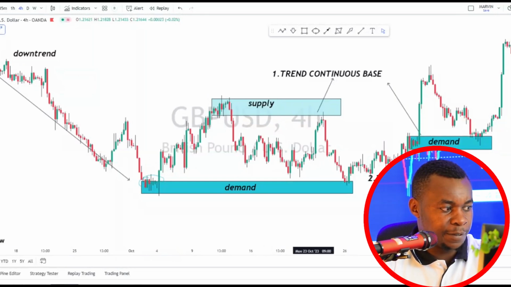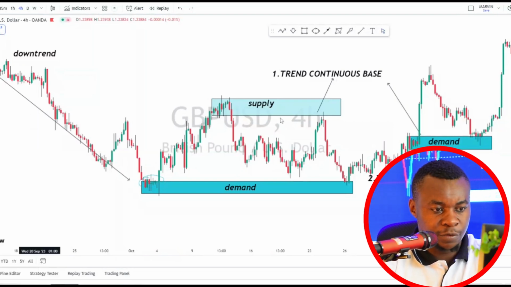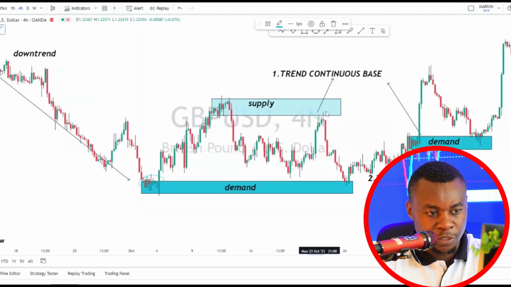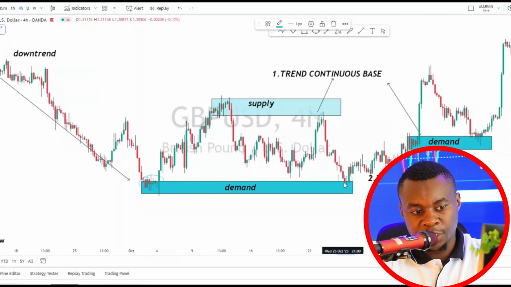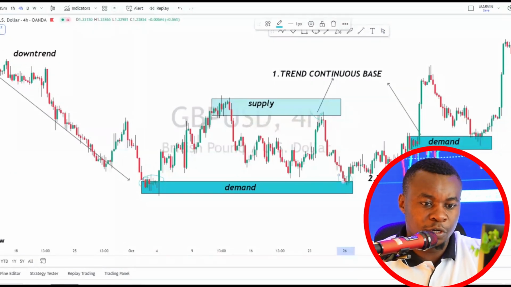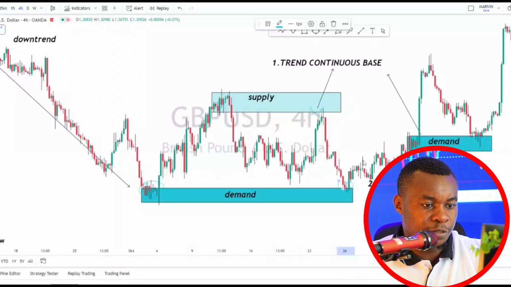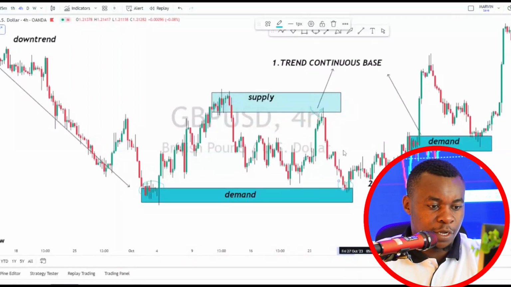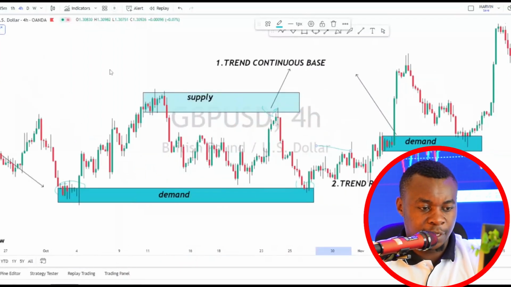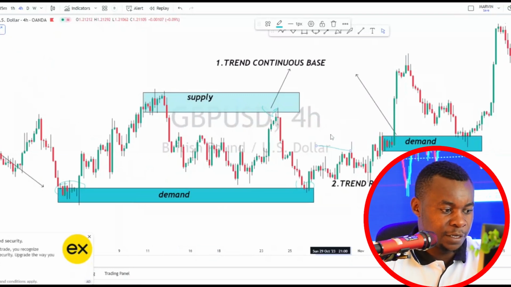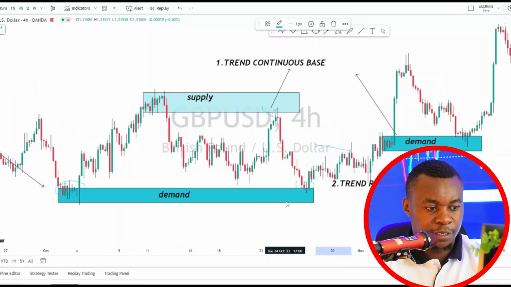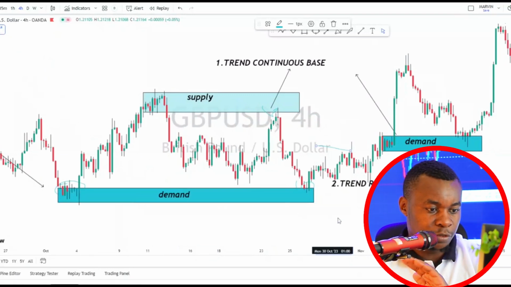Testing the supply means that this market will go up to the demand, will sell to the demand. So we had a sell to the demand, then we took the buy. This buy will probably cause what you call a trend reversal. That's why I always say you cannot predict the market. You listen to the language of the market. Listen to what the market is guiding you to do.